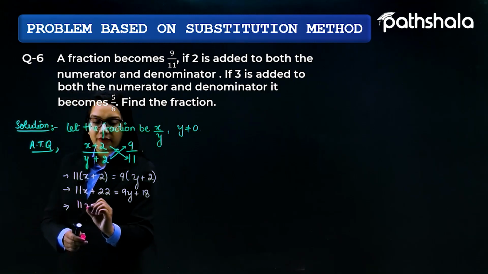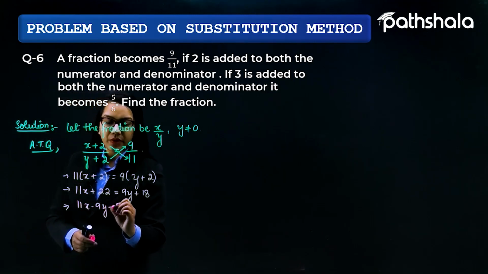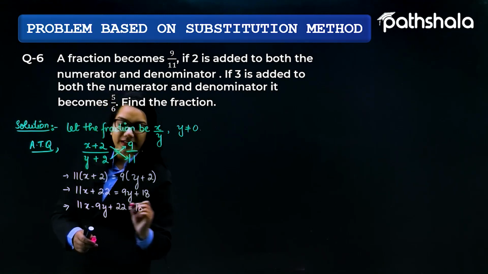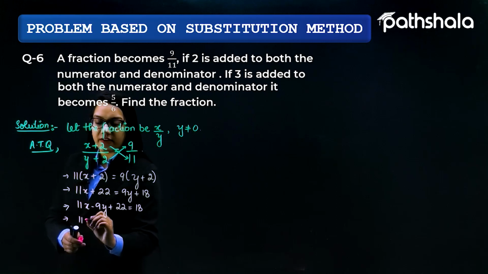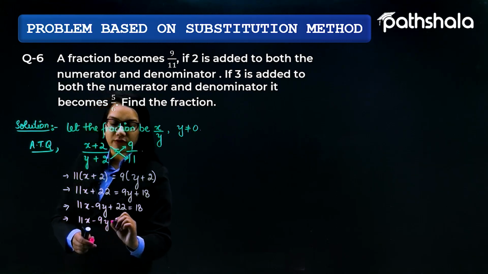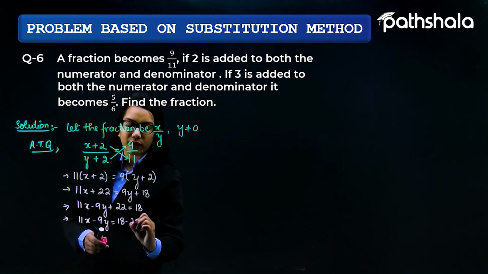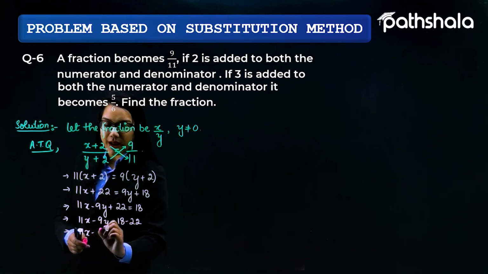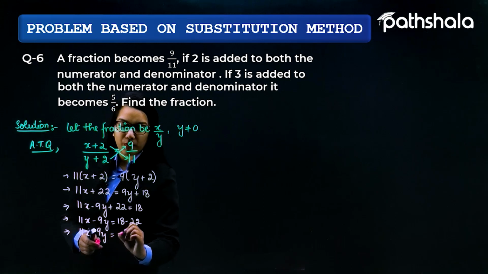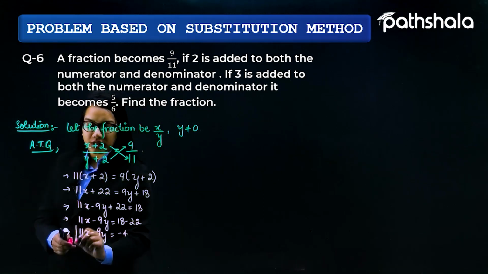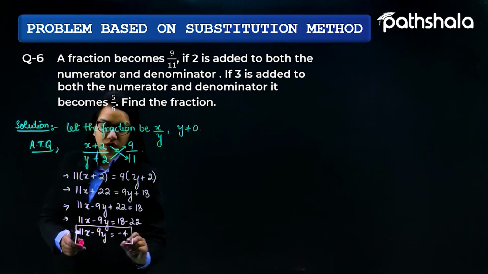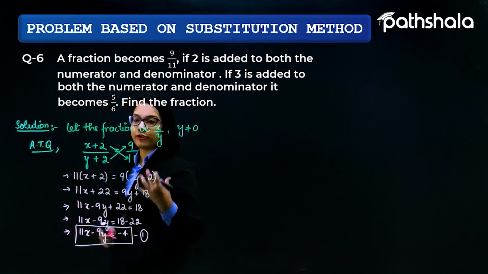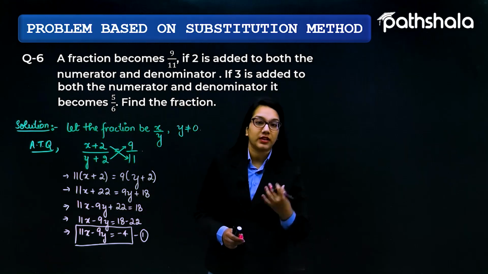So it is 11x minus 9y equals 18 minus 22, which is 4, so 11x minus 9y equals minus 4. This is equation number 1 that we are getting from the very first condition mentioned in the question.